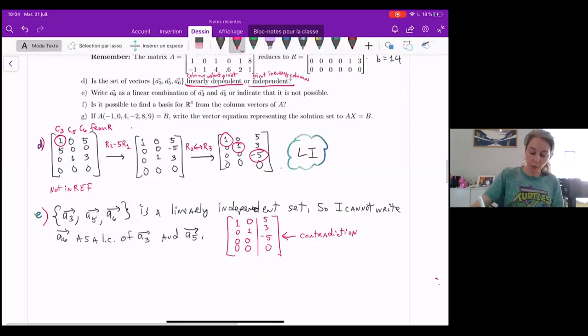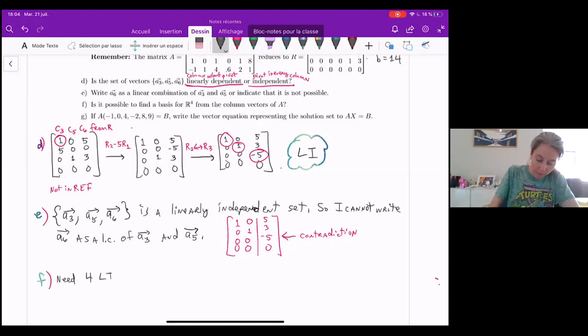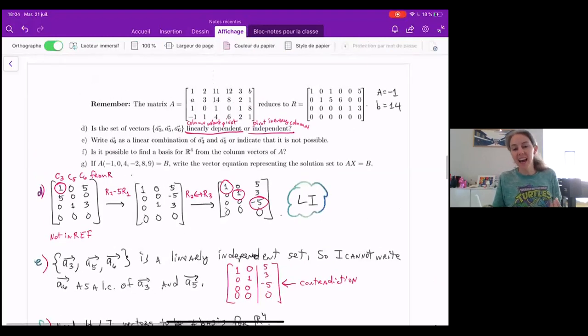Okay, so F now. Is it possible to find a basis for R4 from the column vectors of A? Well, to be a basis for R4, I need 4 linearly independent vectors. What that means is that I would need 4 pivots when I row reduce.